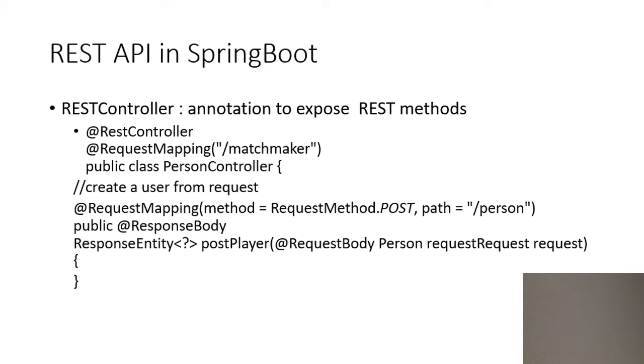So the overall API would look like, for example, if Tomcat is running on 8080, localhost:8080/matchmaker/person. And if you make a POST request with the request body containing the person object in it, the Spring Boot server will do the required wiring to expose this particular API as a REST API.